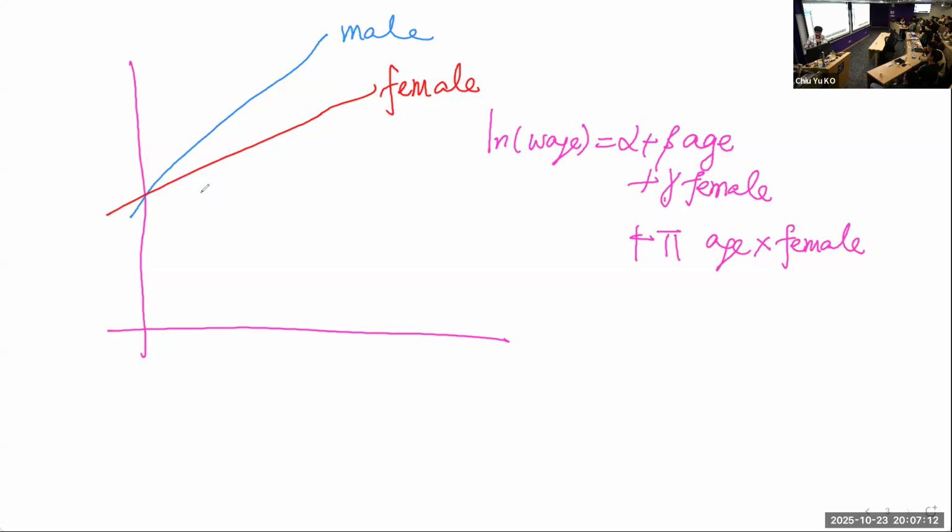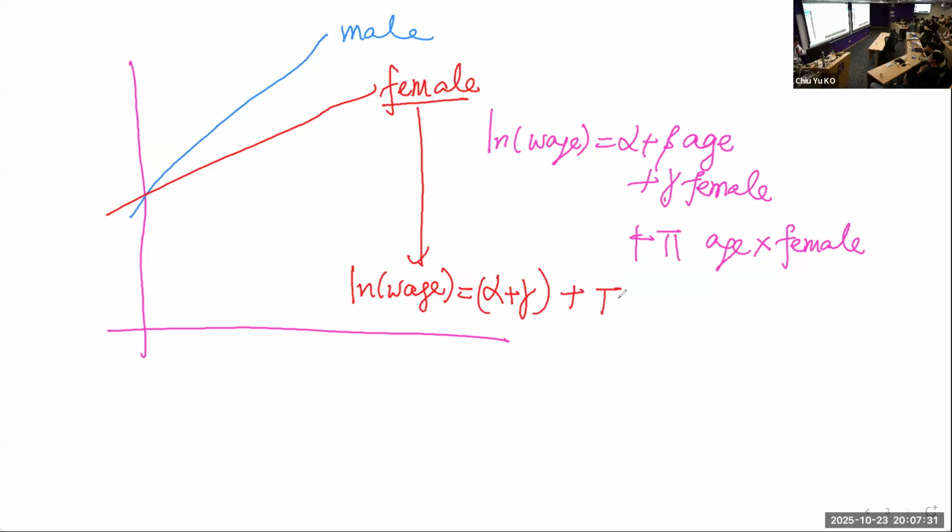Because if you try to do this, what this regression means is the following. Log wage is equal to alpha plus gamma, because female, plus beta plus pi times age. That will be the formula for the female. For the male, log wage is equal to alpha plus beta age.